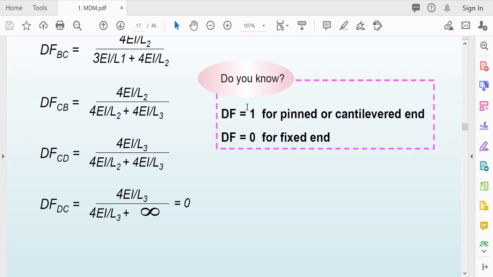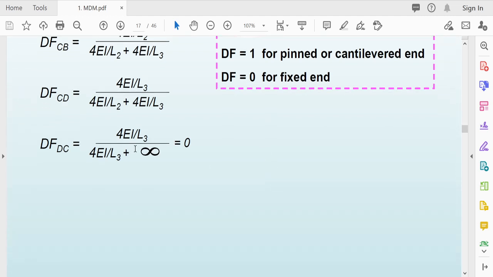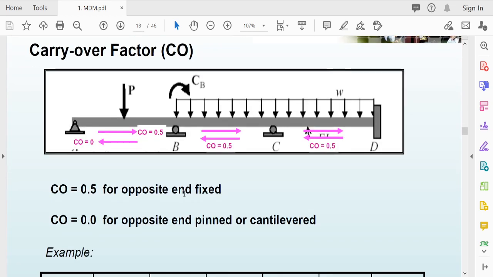Distribution factor is equal to 1 for pin, roller or cantilever end, except for end fix, where it is equal to 0 because we have to divide by infinity. That is why only fix equals 0.